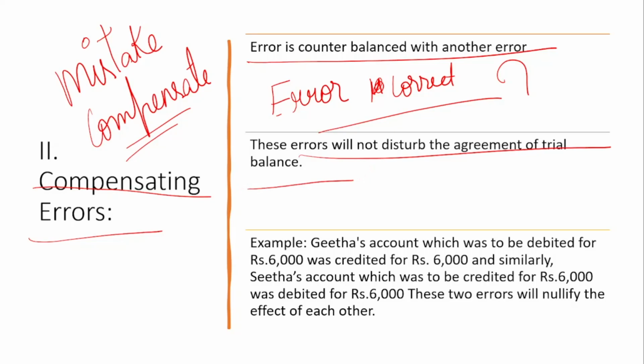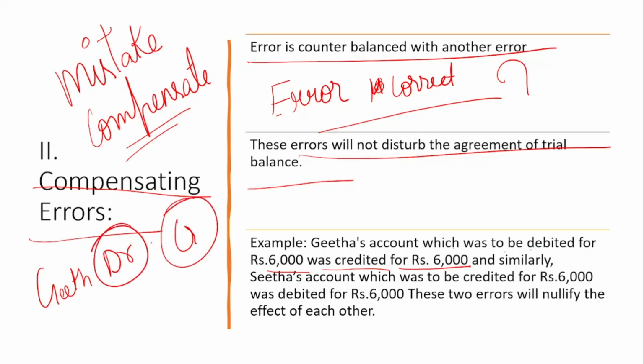For example, Geeta's account, which was to be debited for rupees 6,000, was credited for rupees 6,000. So there's a Geeta account, she should have been debited, but she has been credited. It means you have made a wrong entry. Similarly, Sita's account, which was to be credited rupees 6,000, was debited for rupees 6,000.